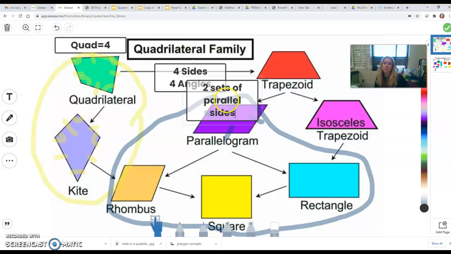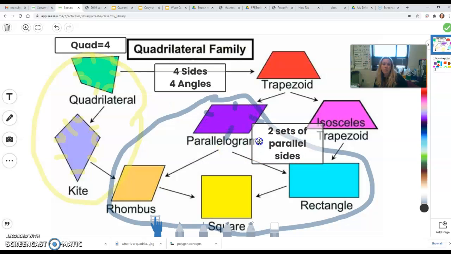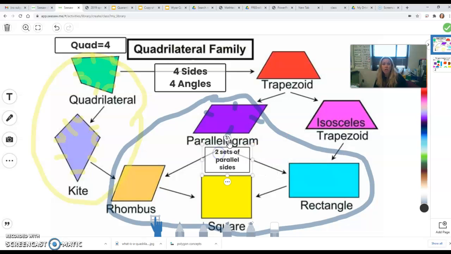Now parallel means that the sides could go on and on forever and never intersect. Intersect is kind of like this, okay? So they're just going to run like each side of a road. It's just going to go on and on and not intersect, okay?